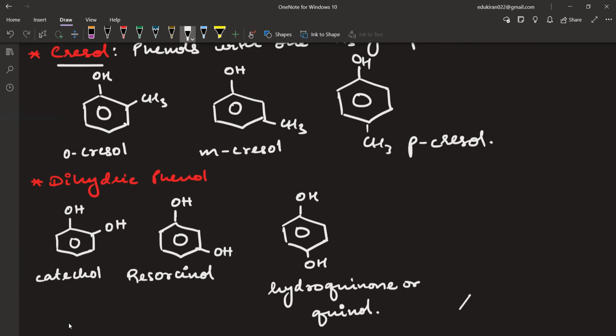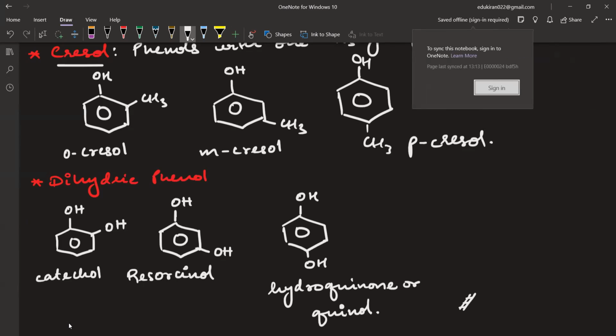Now till here the naming part is done, the common names and some important dihydric, monohydric and polyhydric alcohols. Now the next note that you are going to write is going to be very important from the perspective of the reactions also. We have not started the reactions yet, but it is going to be important. Please write this down, then we will pay attention to whatever I'm saying in the note.